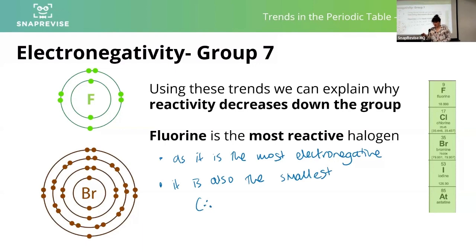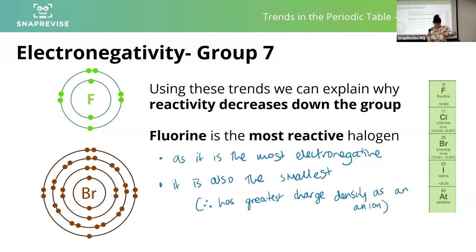It means the product that it forms when it steals an electron has a very high charge density. So it has the greatest charge density as an ion.